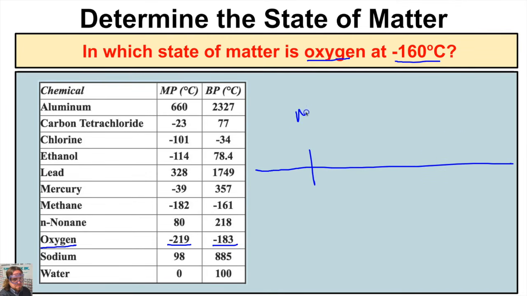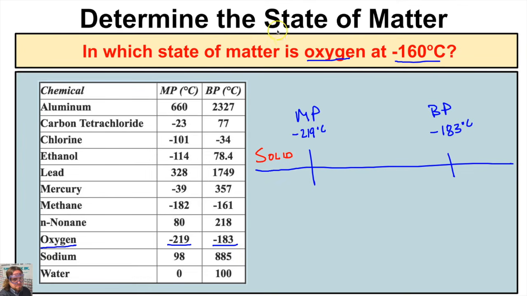So we have to figure out the melting point first, and then we'll put the boiling point right here on our number line, right? Since melting points are typically lower than boiling points. And so the melting point here is negative 219 degrees Celsius. The boiling point is negative 183 degrees Celsius. And so if we think about this, every temperature that is below negative 219 degrees Celsius, that is to say, every temperature that is below the melting point, will be in the solid state, right?